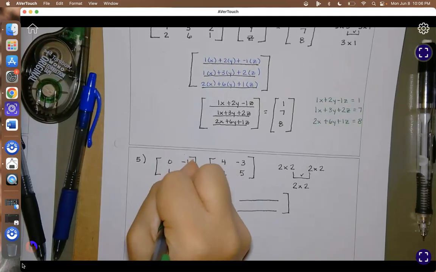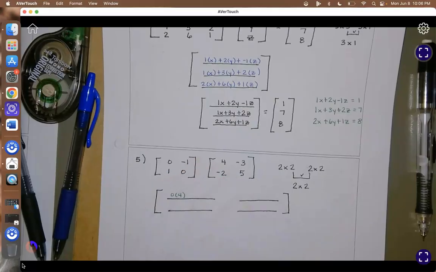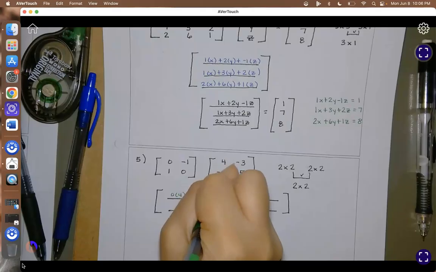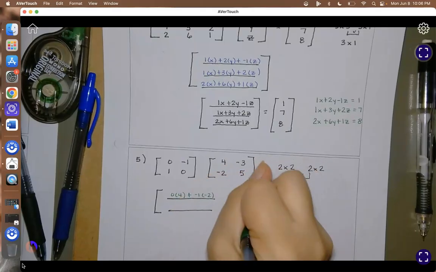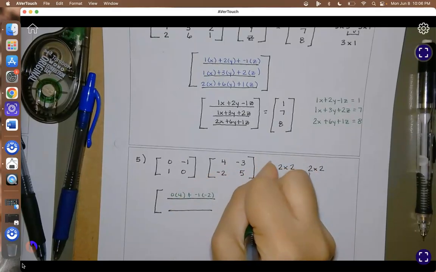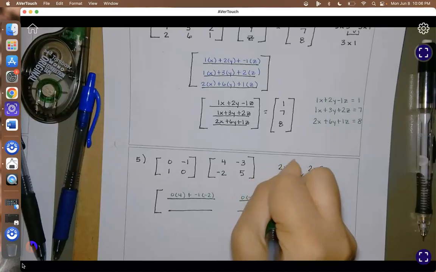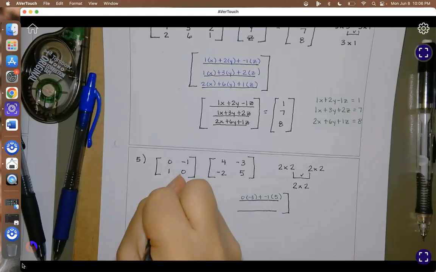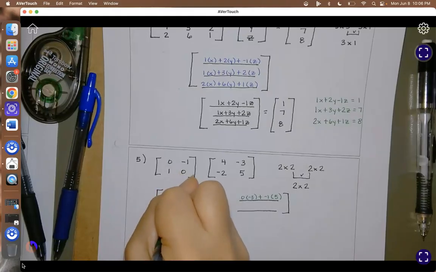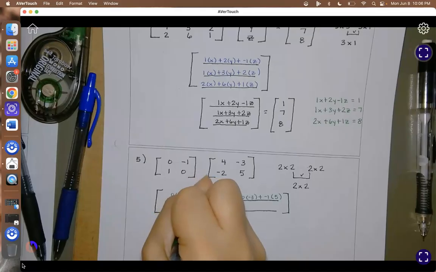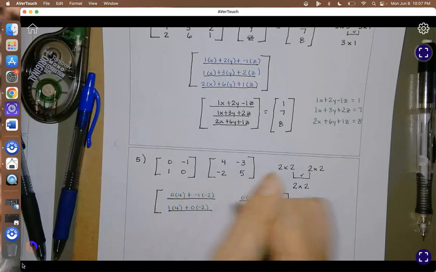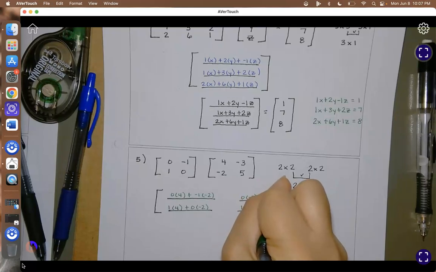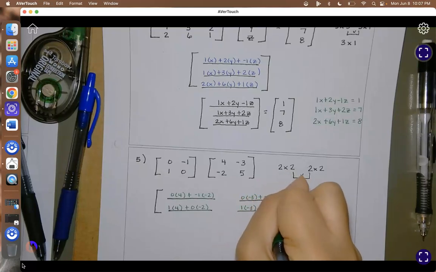So we're going to go 0 times 4 plus -1 times -2. 0 times -3 plus -1 times 5. 1 times 4 plus 0 times -2. 1 times -3 plus 0 times 5.